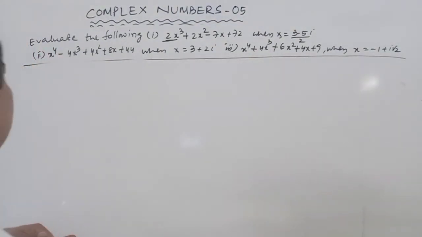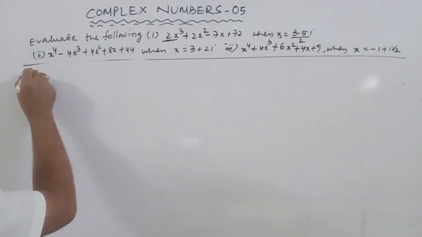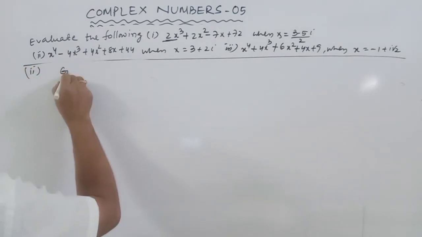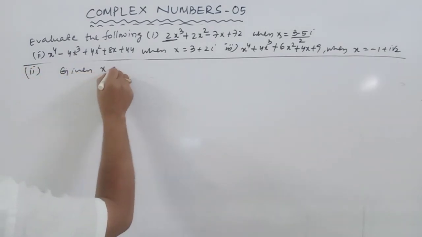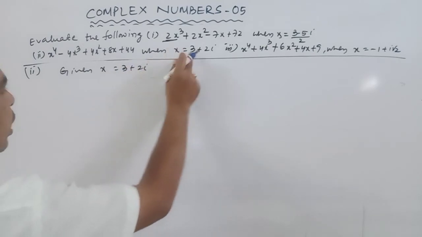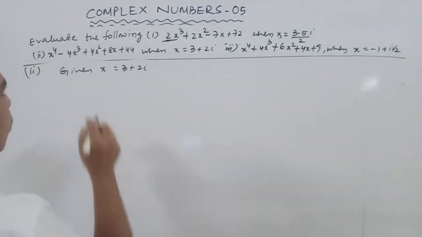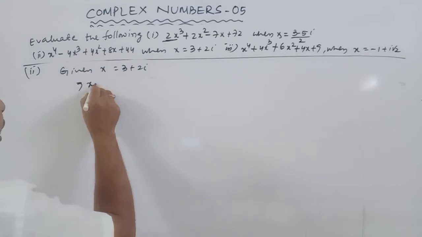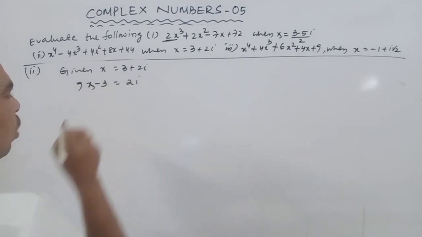Next question number 2. Given x is equal to 3 plus 2i. So this implies x minus 3 is equal to 2i.